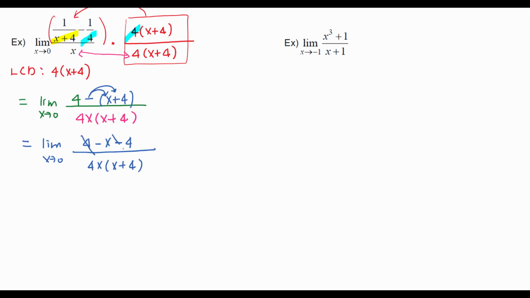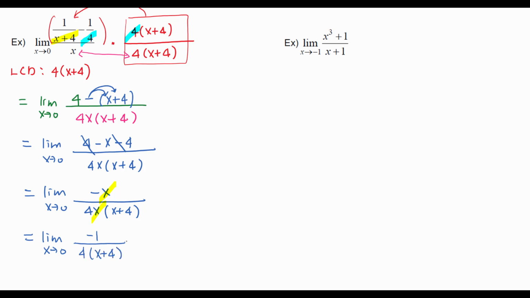Then 4 minus 4 is 0. My expression becomes limit of negative x over 4x times x plus 4 as x approaches 0. Now you can see I have a common factor x top and bottom, so you can cancel that out. Then your expression finally becomes limit as x approaches 0 of negative 1 over 4 times x plus 4.